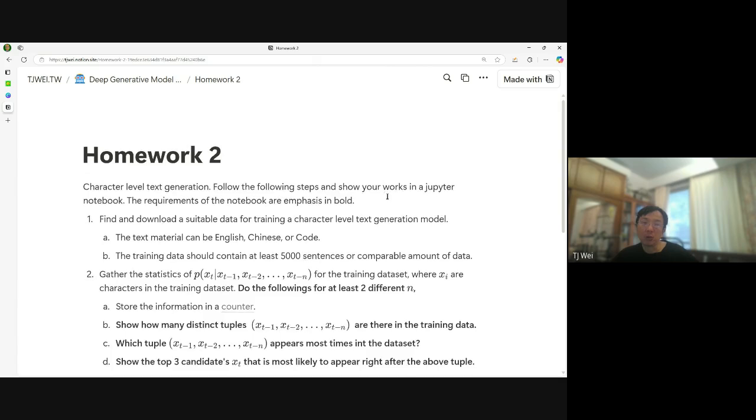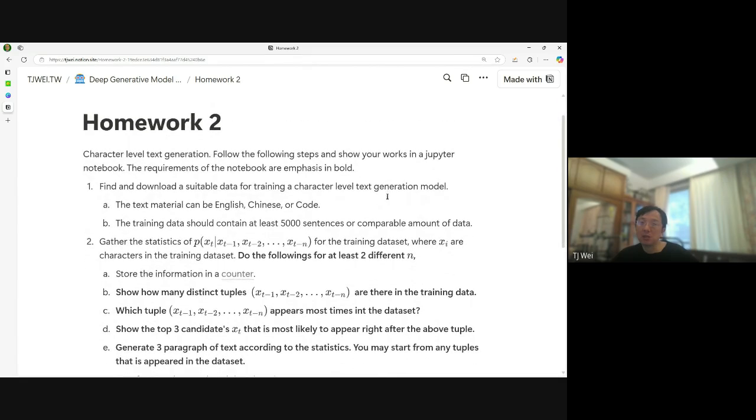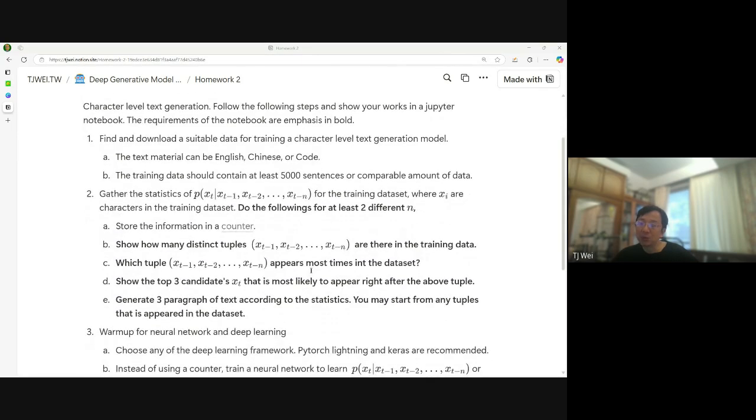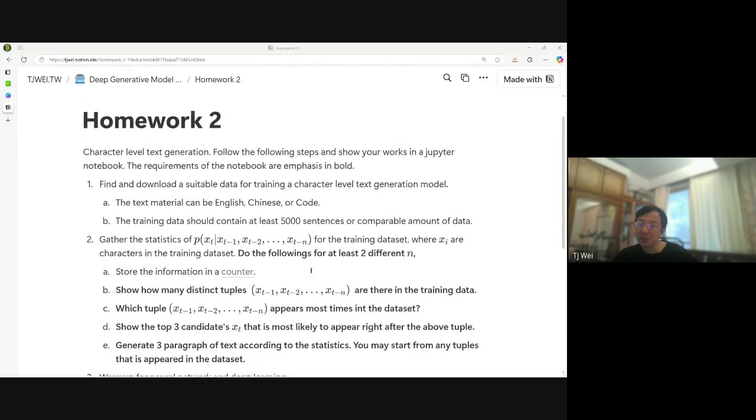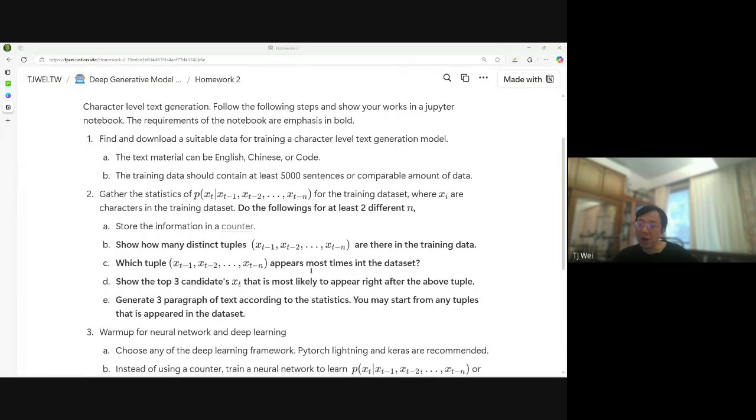This is our homework 2. So the homework 2 is to use character level text generation to become familiar with the n-gram models and some neural networks related to autoregressive models like LSTM or GRU.